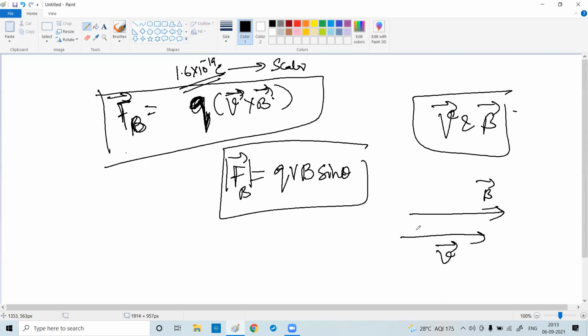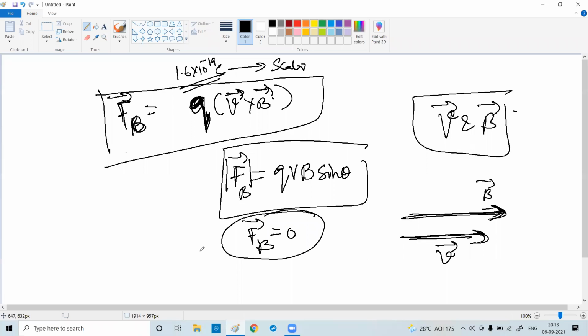If theta is 0, then sine theta is 0. Then will there be any force? No, sir. That means if the velocity of the particle and the magnetic field are in the same direction, then your F_B will be 0.